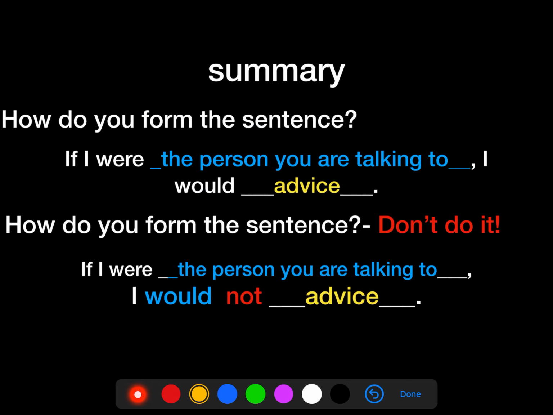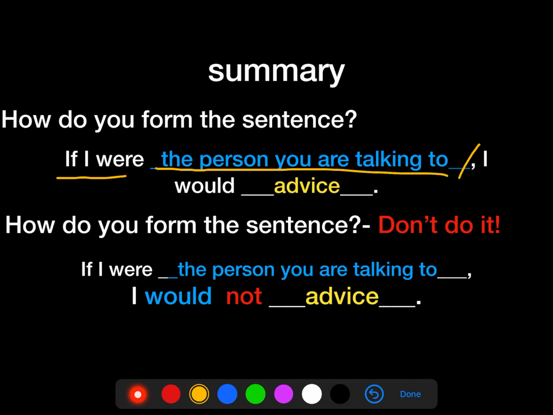Okay, then how do we form the sentence with if I were you, I would? We form the sentence like this. If I were the person you're talking to, Jack, as an example, and then you give advice like I would.